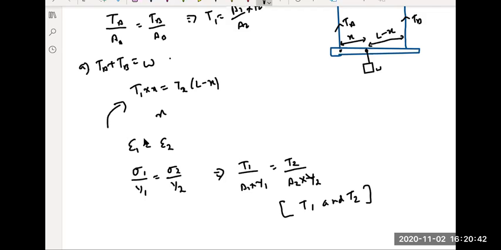Got it? Yes, Abhiram is saying T1 will be equal to T2. Then we will use these equations. Okay, very good.